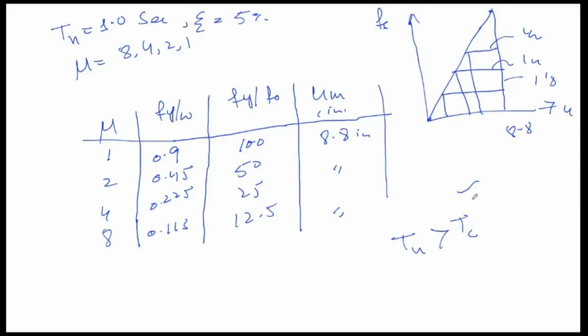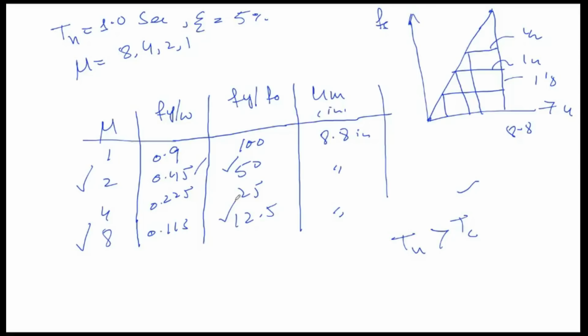So the practical implication of these results is that a structure may be designed for earthquake resistance either by making it very strong or by making it very ductile. You have the option to select a less ductile system but very strong, because the strength is more, or a highly ductile system with a very low strength.